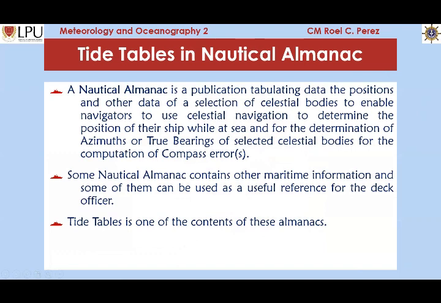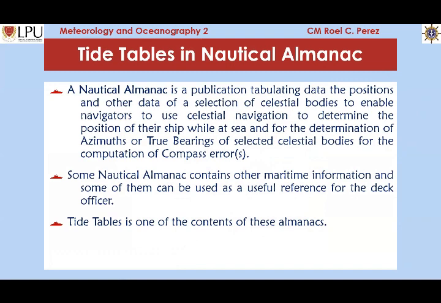Next, we have the tide tables in the Nautical Almanac. A nautical almanac is a publication tabulating positions and other data of a selection of celestial bodies to enable navigators to use celestial navigation to determine the position of their ship while at sea.